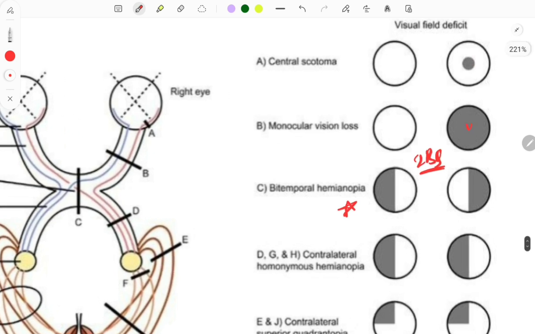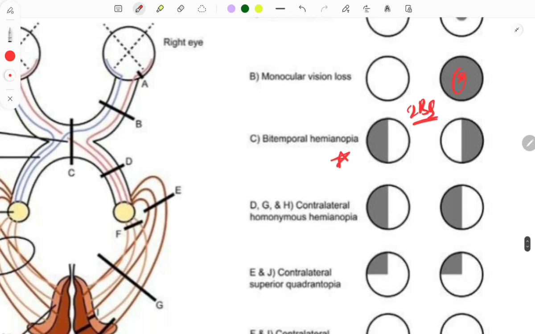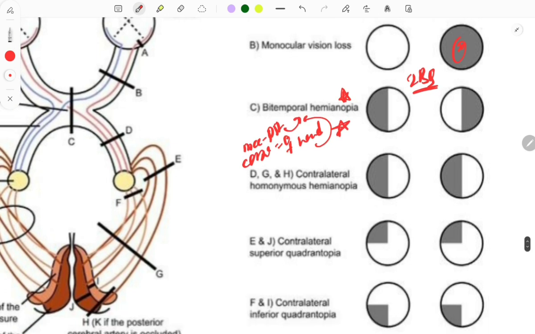Then monocular, where only one eye is lost. Bitemporal hemianopia, the most common cause is a pituitary tumor. So this can cause bitemporal hemianopia. A clinical case can be described with a female with headache, and on examination you can see a tumor and these findings. So they can ask what is the cause or what is the diagnosis.